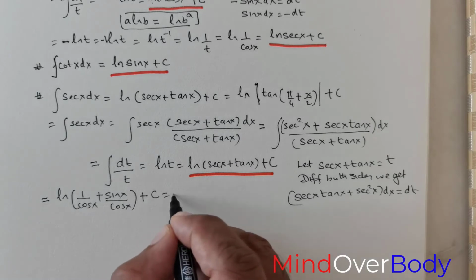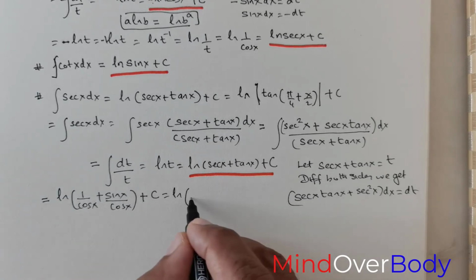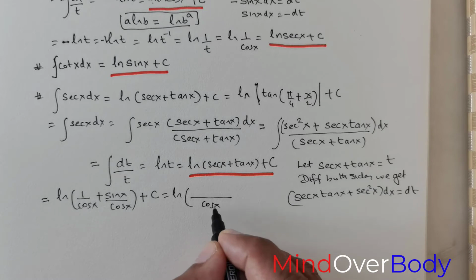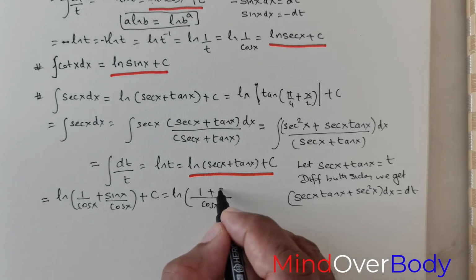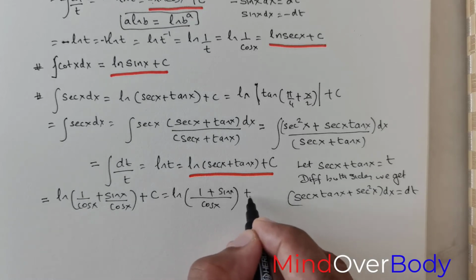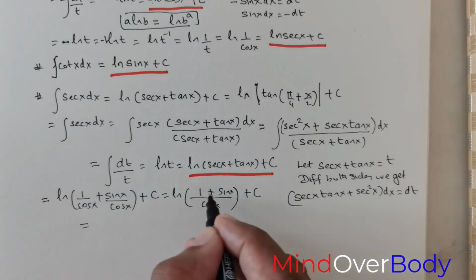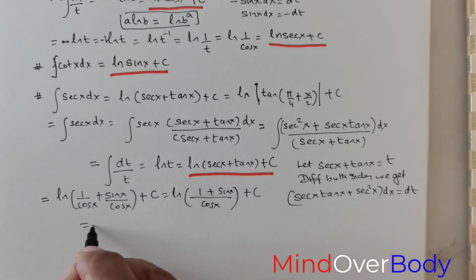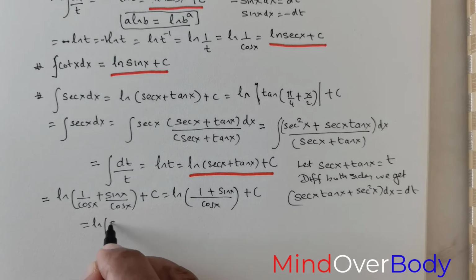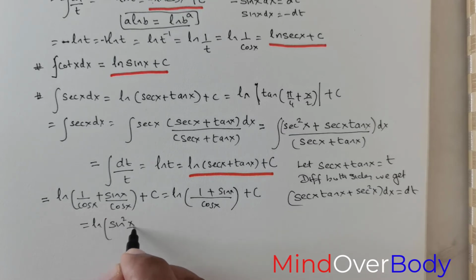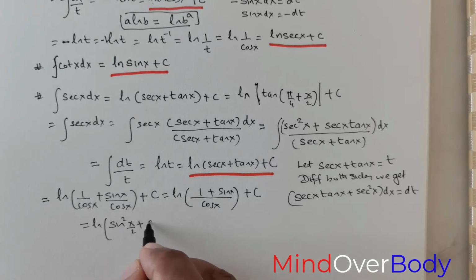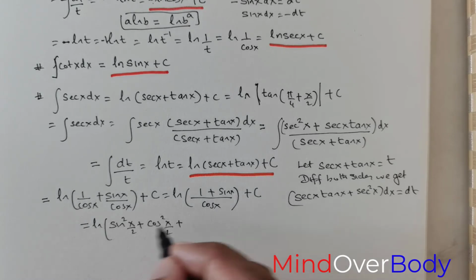So this is rewritten as ln of, I'm taking LCM as cos x, and that would give me (1 + sin x) over cos x. Now I can rewrite 1 as sin squared x/2 + cos squared x/2. Why do I write it like this?